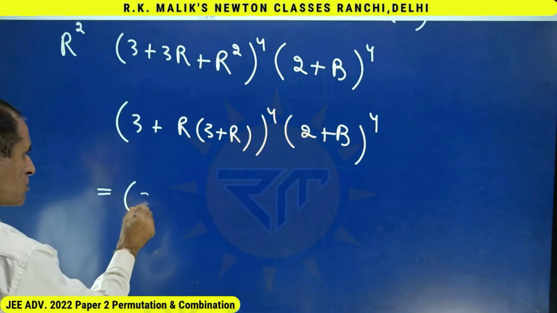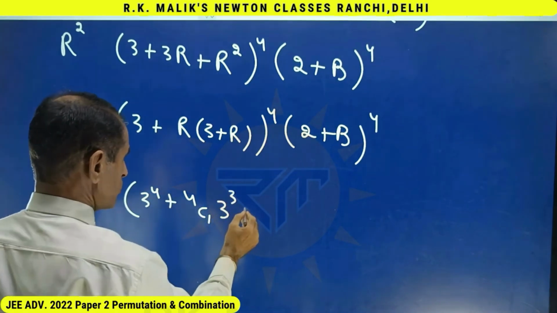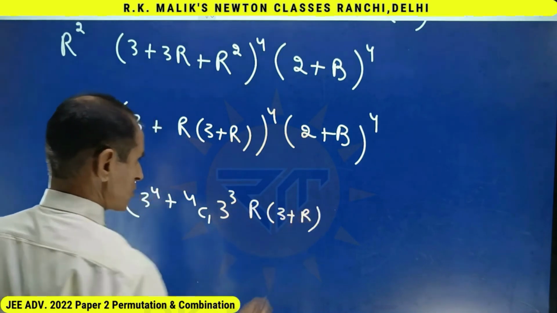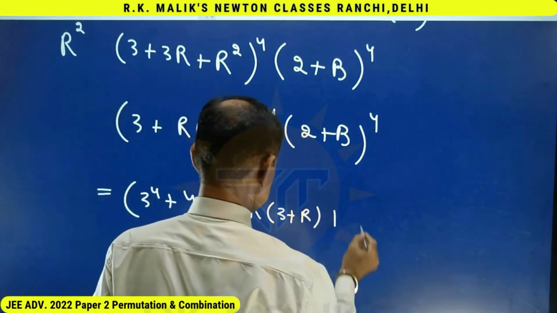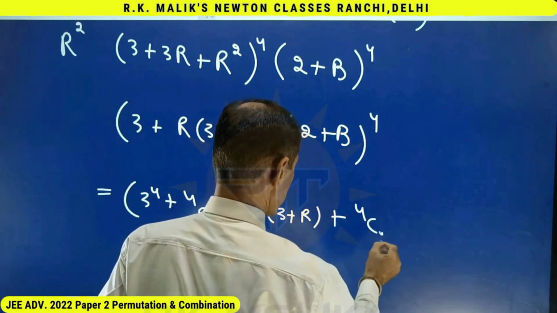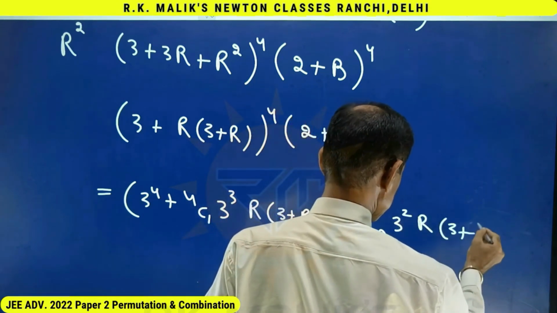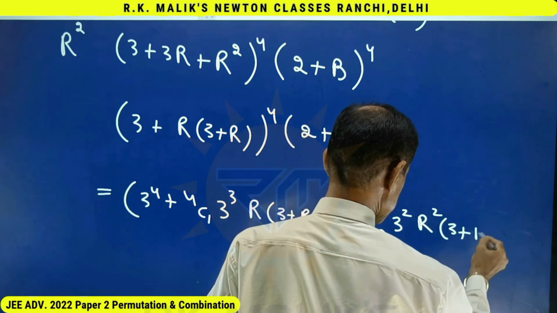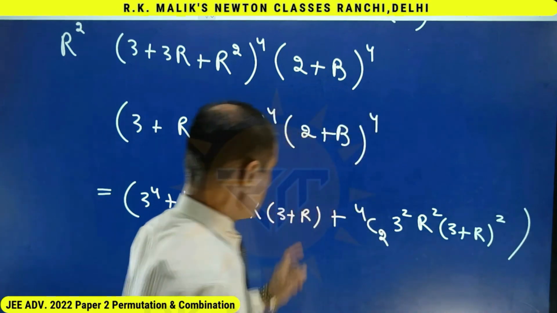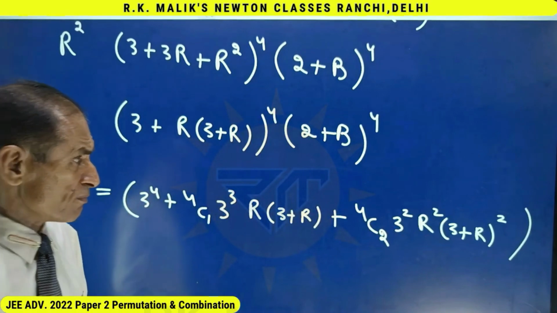This is equal to 3 to the power 4 plus 4C1 3 cube into r plus 4C2 3 square into r square, and remaining terms are useless because in those r cube and higher power will come.